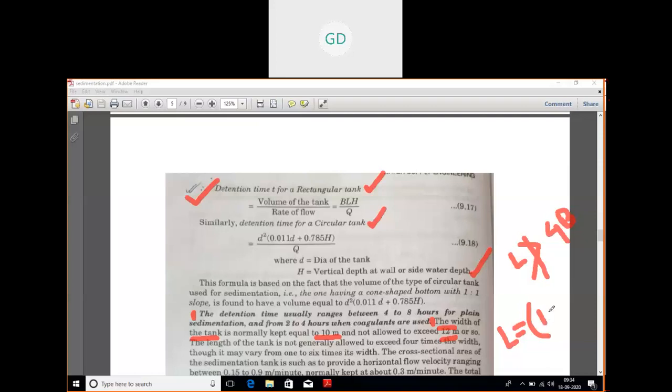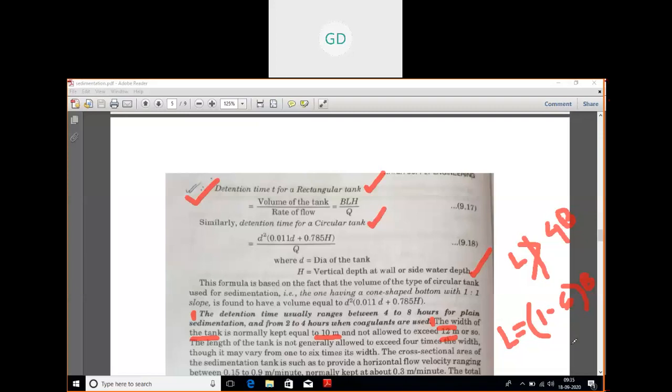That means the length of the tank can be 1b, 2b, 3b, 4b, 5b, up to 6b. If the width is given to you, you can multiply directly with the width. But it depends upon you whether you take it to be 4b, 5b or 6b.